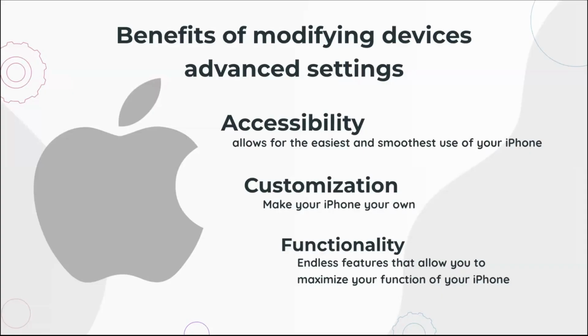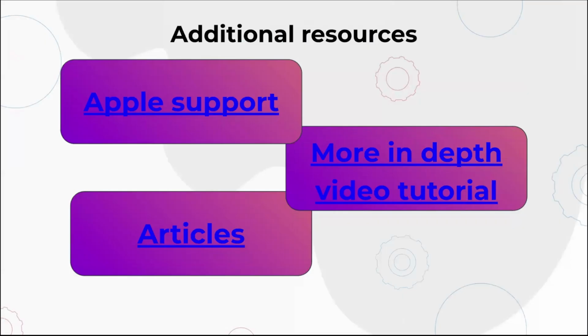So again, I really hope that this could help you maximize your phones. So there are additional resources such as Apple Support, a more in-depth video tutorial. We will play it if you guys want it. We'll discuss that later. And then there's also articles. Apple Support is, again, Apple is known as the golden standard for accessibility.